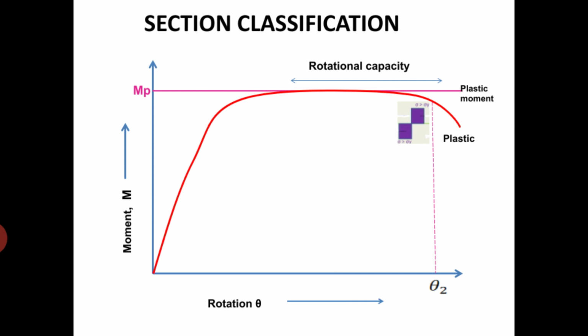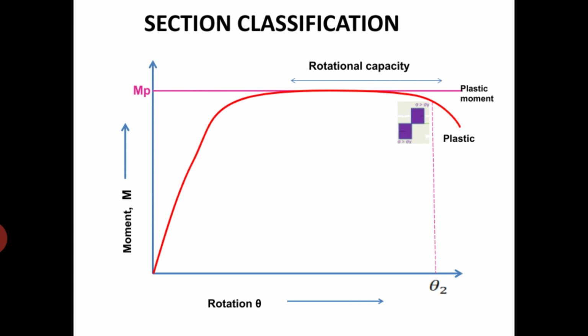And these sections will exhibit sufficient ductility. Because of the nature of the curve, we can say it has sufficient ductility, and we can say this theta 2, marked for the corresponding curve, will be greater than 6 times theta 1. Theta 1 is the rotation at the onset of plasticity, and theta 2 is the lower limit of rotation for treatment as a plastic section.